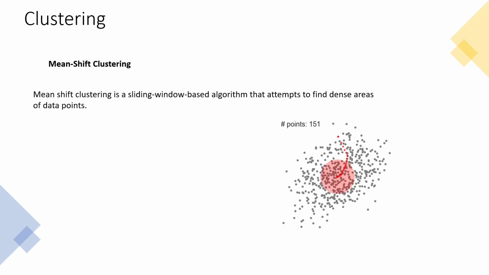Since we are moving towards the center of mass, we are moving to a denser area in each iteration. Once we are not able to move, once we're in the denser area, the algorithm stops.